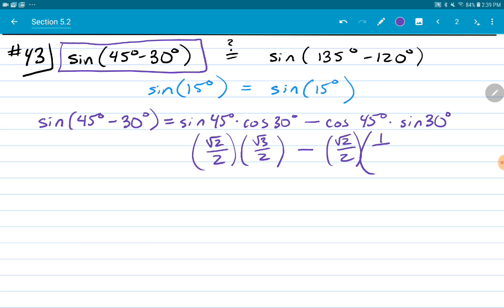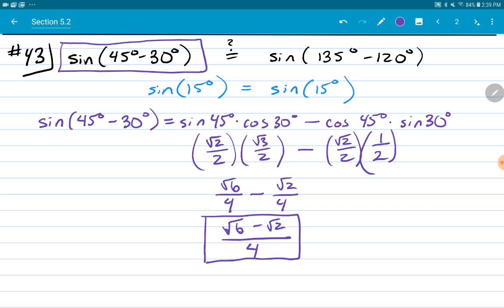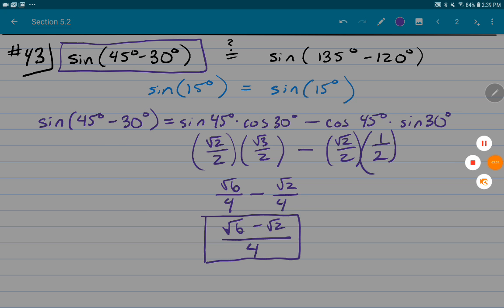Okay, there we go. And when I multiply these together, I get radical 6 over 4 minus radical 2 over 4, or just radical 6 minus radical 2 over 4. So that is our value for the left side of this question.